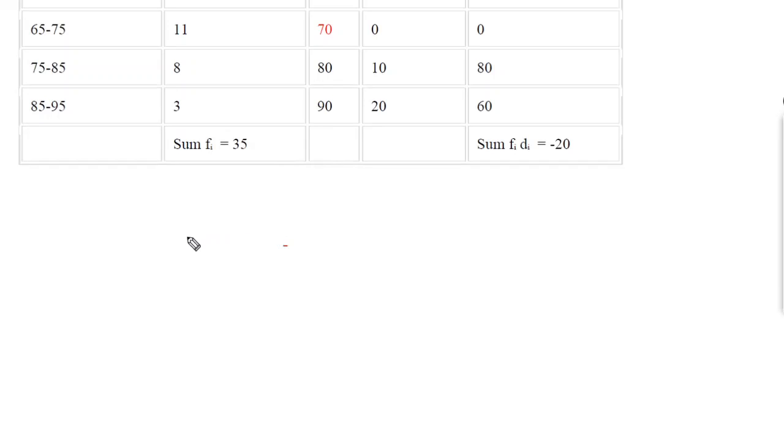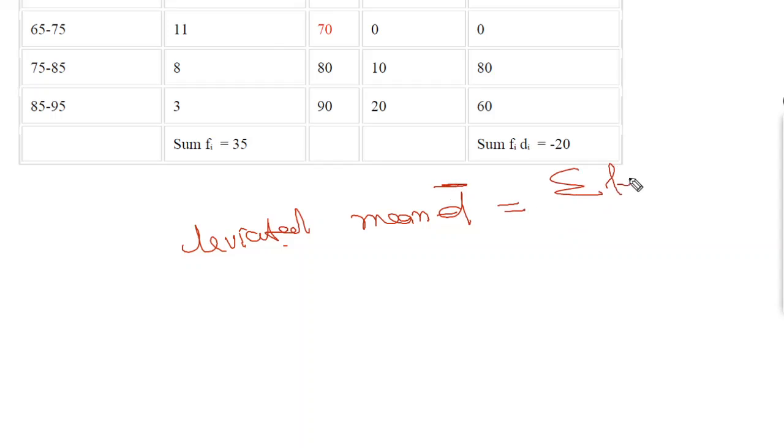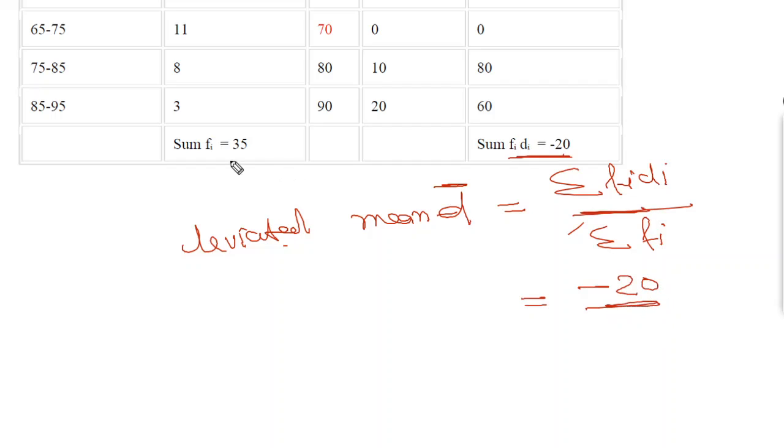So you know, deviated mean, you can write it, d bar is equal to sigma fi di divided by sigma fi, or sum of fi di divided by sum of fi, which is equal to, here sum of fi di is your minus 20, so write it minus 20, divided by sigma fi is your 35, please write 35.